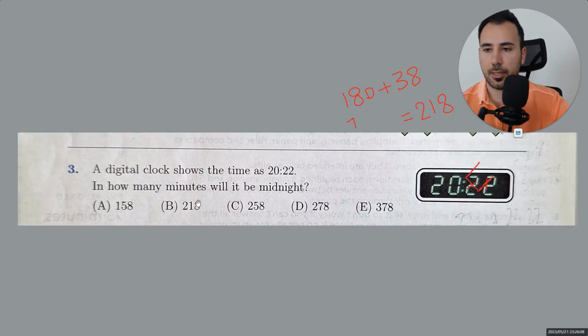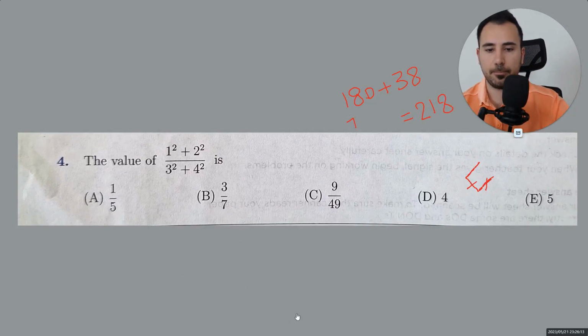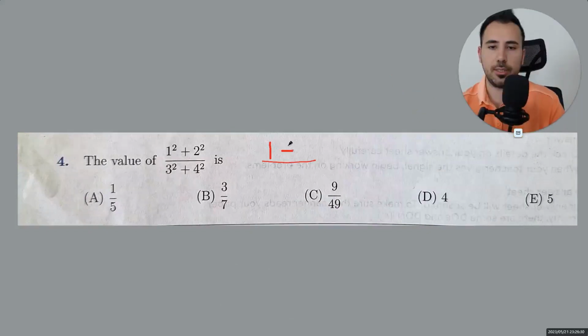Let's go and do question 4. What is the value of this? I think, again, this one is not very difficult. 1 squared is 1. 2 squared is 4. 3 squared is 9. 4 squared is 16.